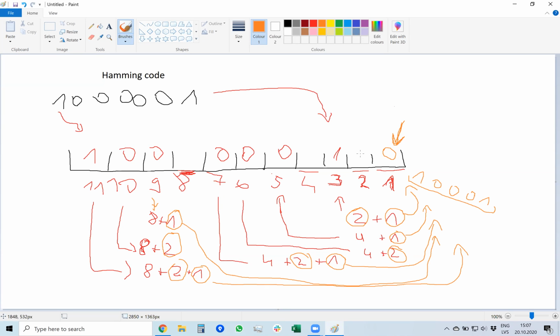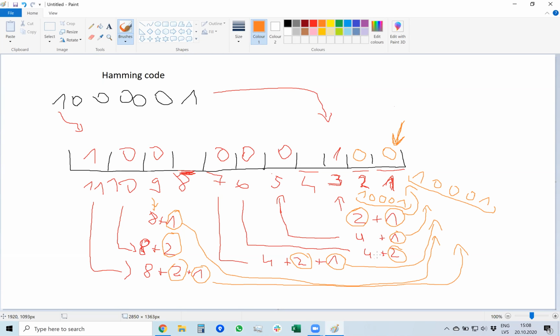So for 2, bit number 3 is 1, bit number 6 is 0, bit number 7 is 0, and bit number 10 is also 0, and bit number 11 is 1. In this case, the number of ones is even, so we don't need to add 1 to make it even, so we add 0 to keep it even.